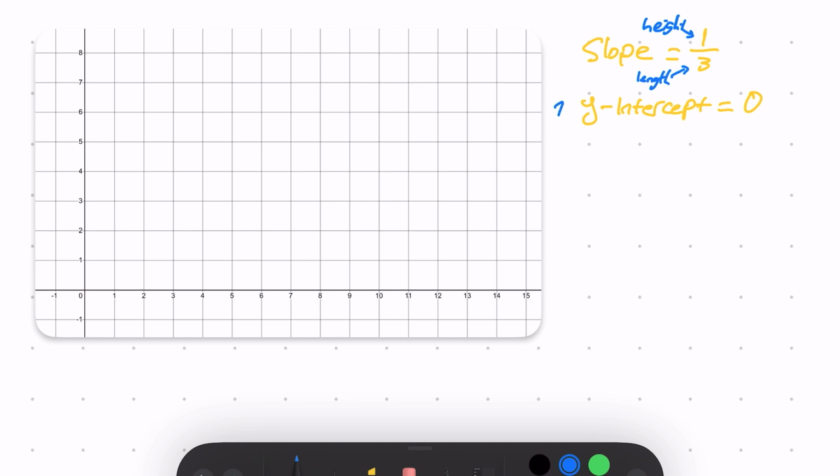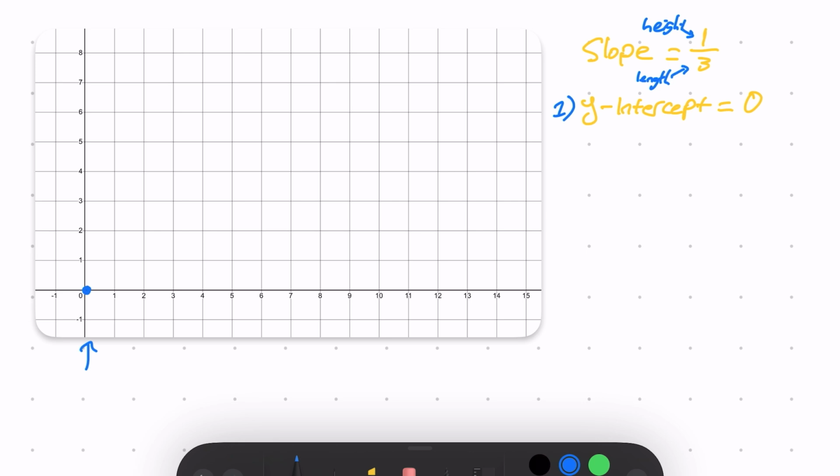But we start with our y-intercept. Our y-intercept is 0, so we come to the y-axis here, we look up and we try to find the 0, and it is right there. So that is our starting point.